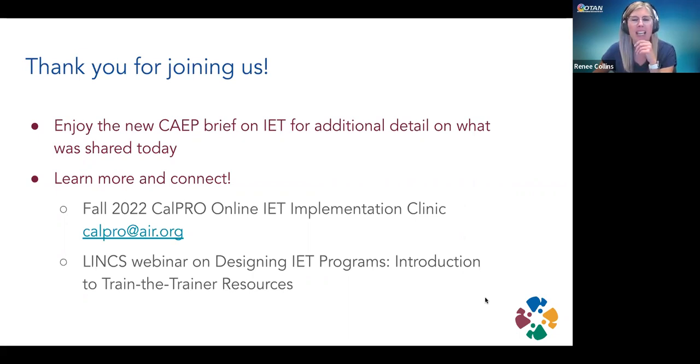It's really quite good. And I did want to point out that if you're interested in getting into IET and would like more specific instruction on how to go about it, CalPro is offering an online IET implementation clinic this fall, and I believe they have an open registration going on right now.